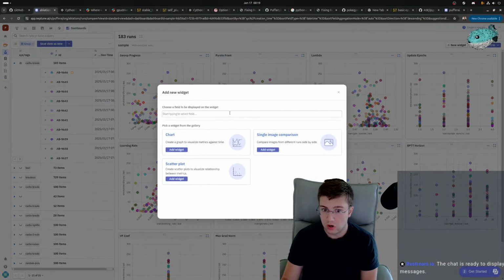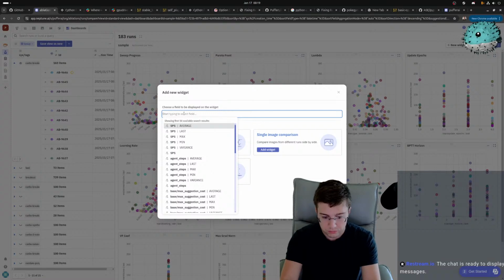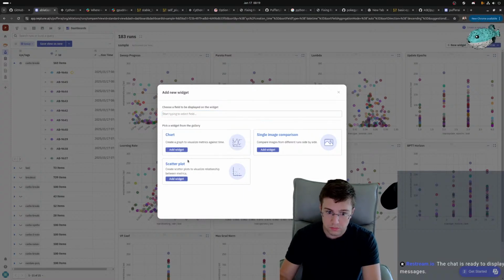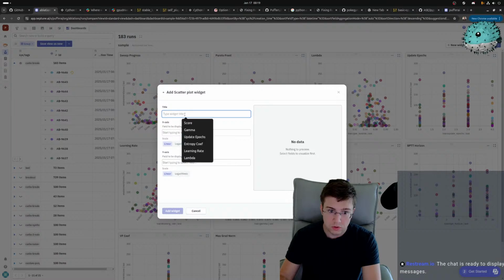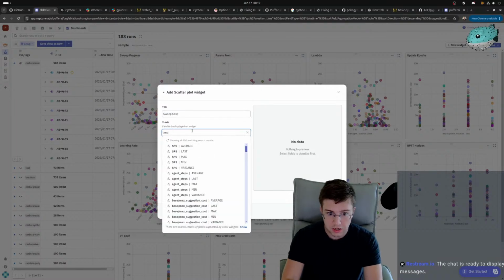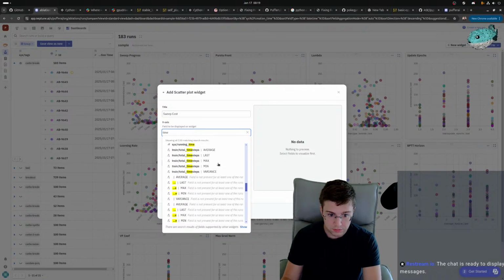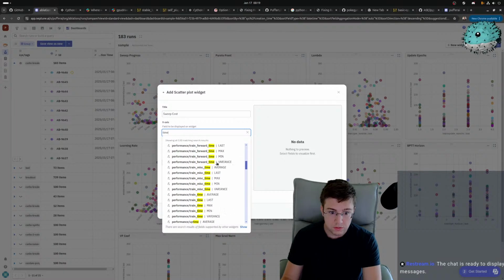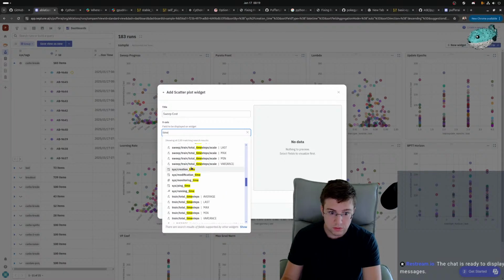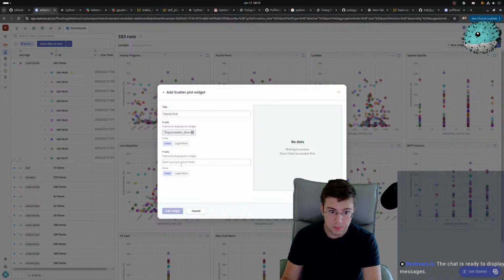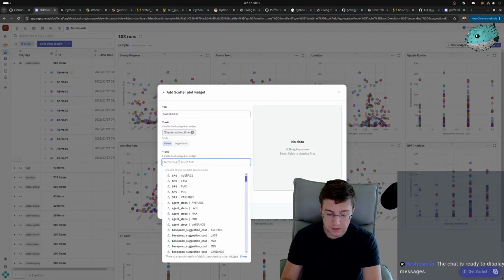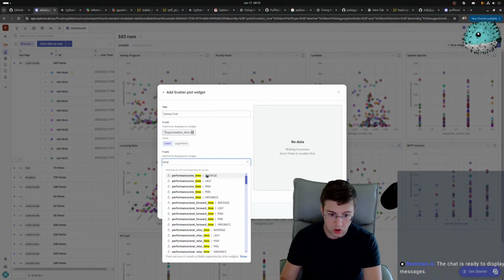Let's do sweep cost. Cost. X-axis is going to be time. It's creation time. And Y is going to be the actual cost.